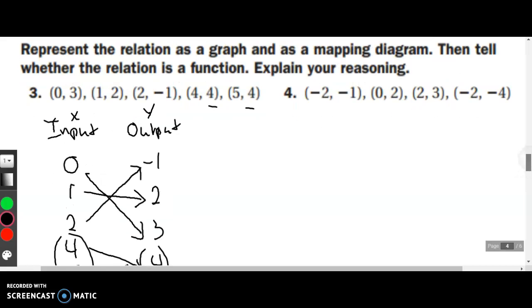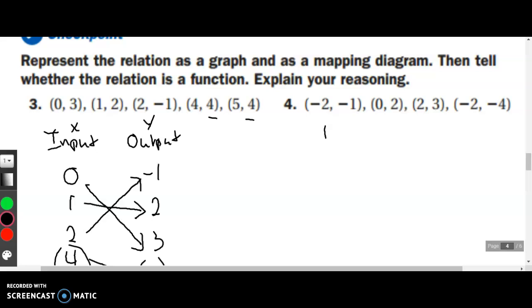Now, for number 4, we have an input and an output, and the input is just an x, which is just the domain. The output is just the y, which is just the range. Okay, so the input in order is -2, 0, and 2.